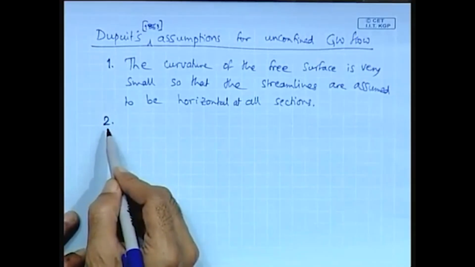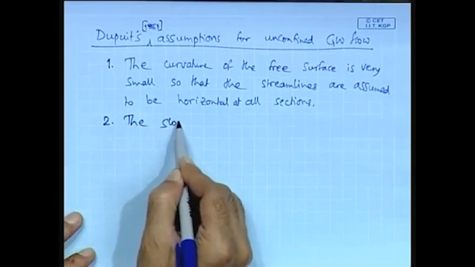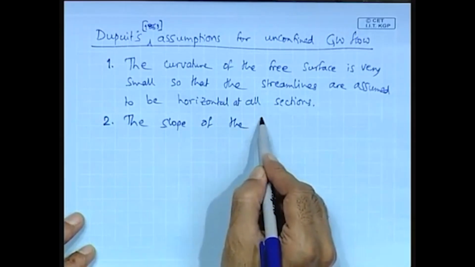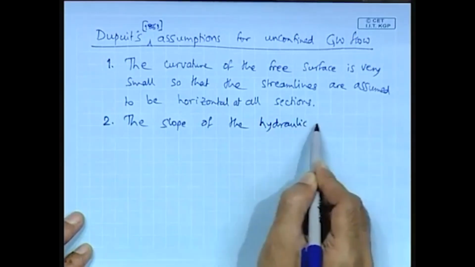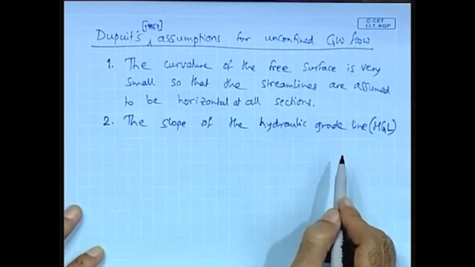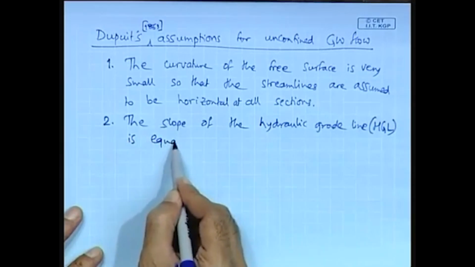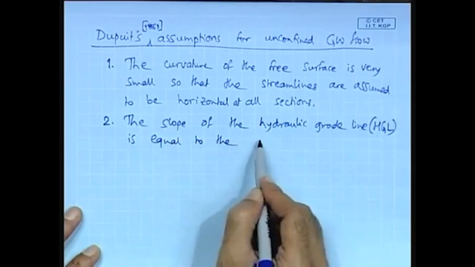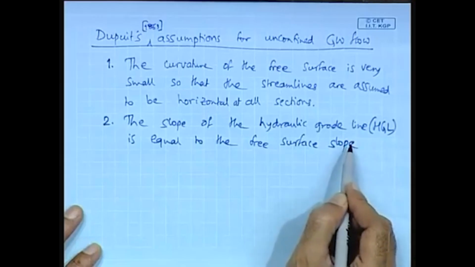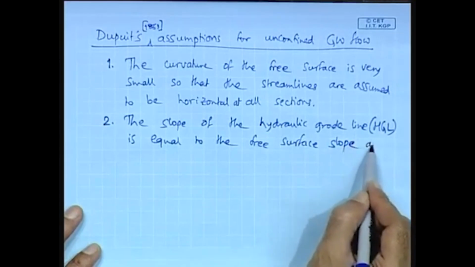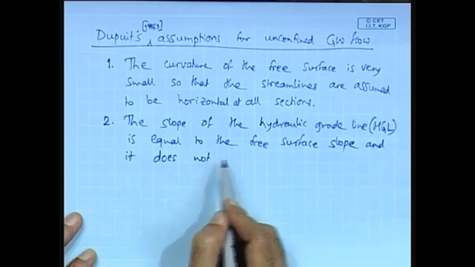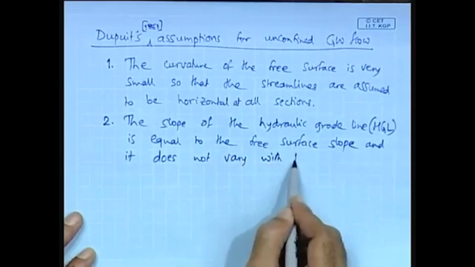And the second assumption is the slope of the hydraulic grade line, that is the energy line, is equal to the free surface slope and it does not vary with the depth.